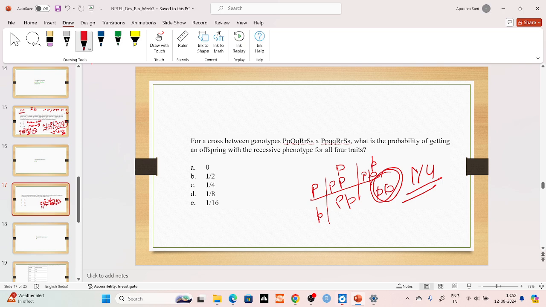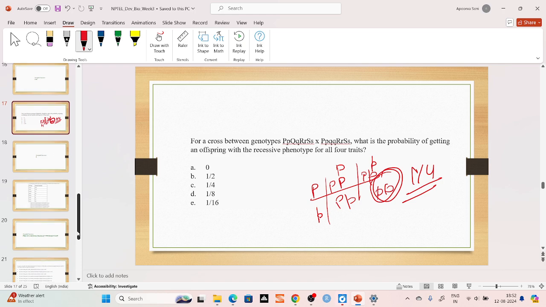So the chance is 1 upon 4096. I think the options are incorrect actually. So just leave this question aside, because I don't think the options are correct.